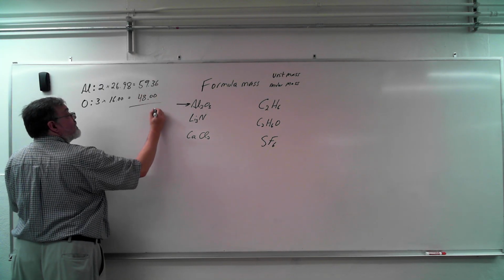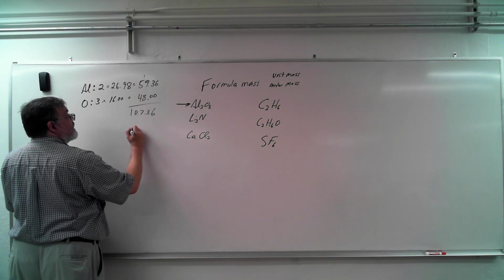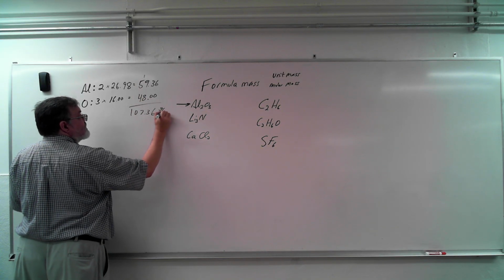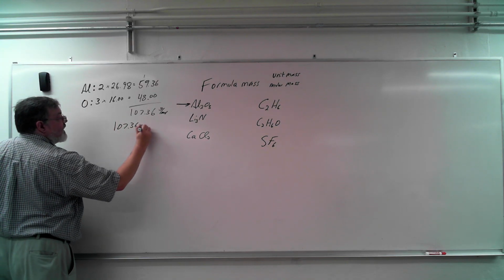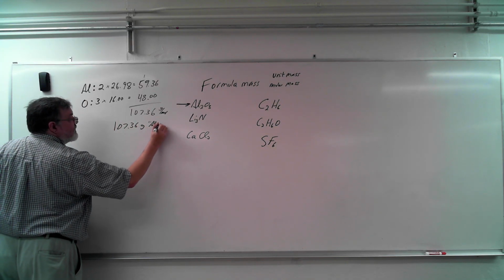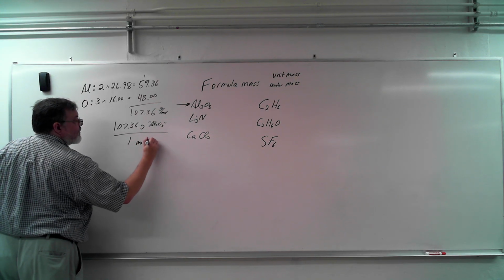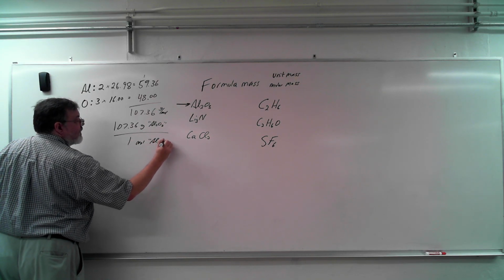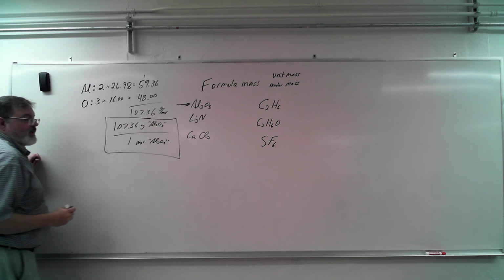Now I'm going to add them up. That's 107 grams per mole, or 107.36 grams of Al2O3 is 1 mole. We did all of that just to get that relationship.